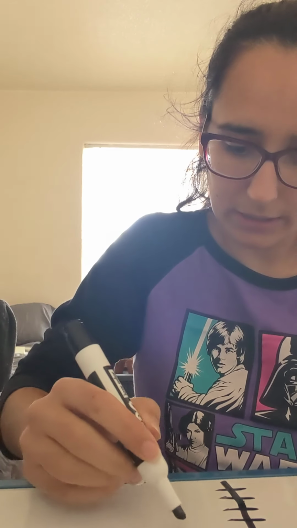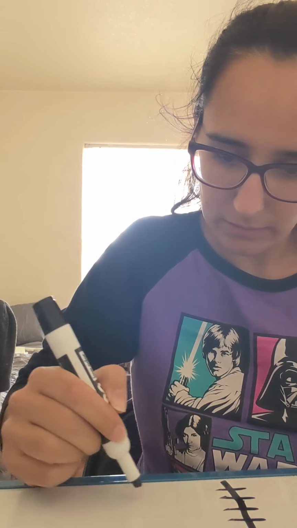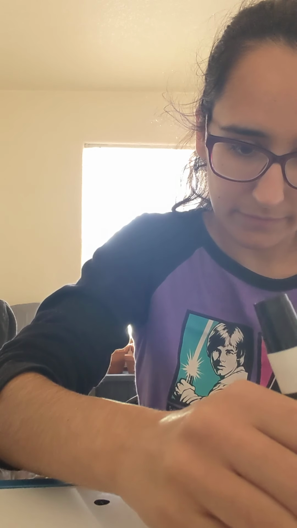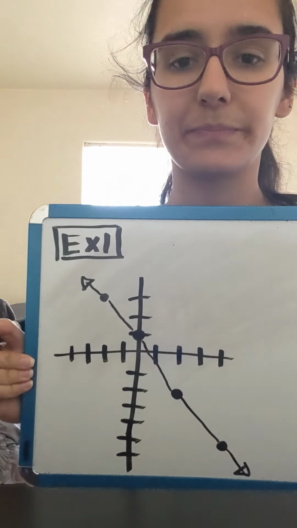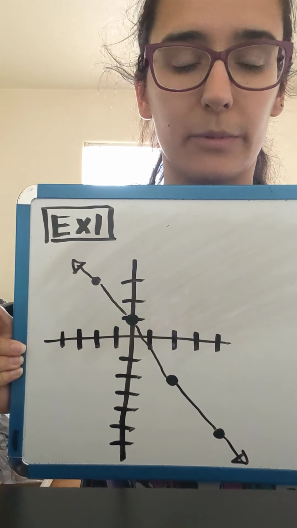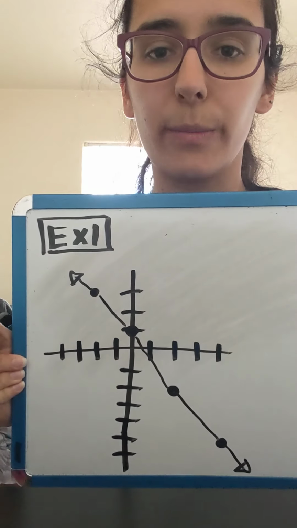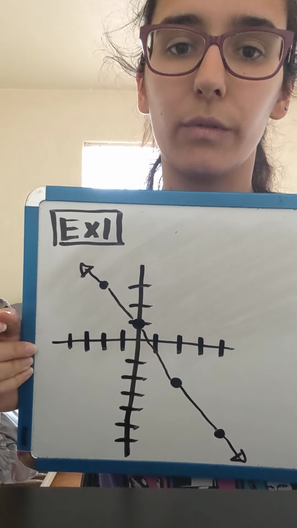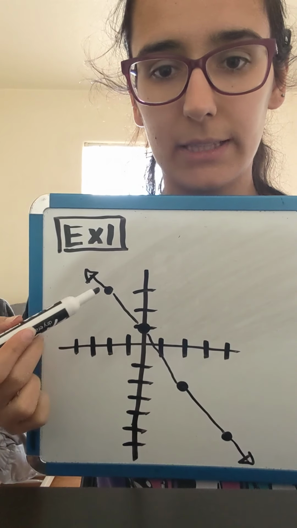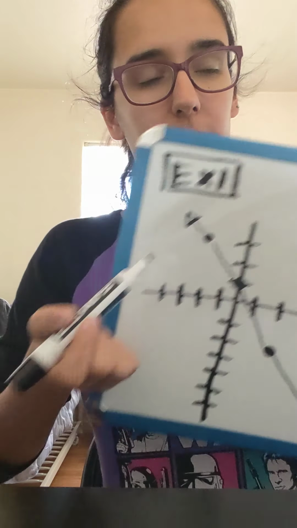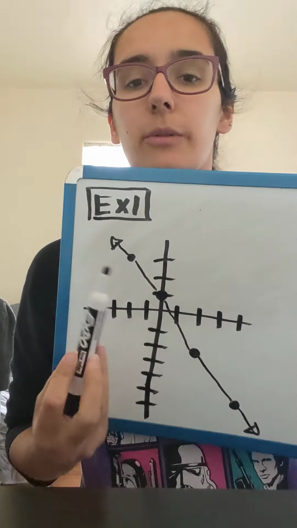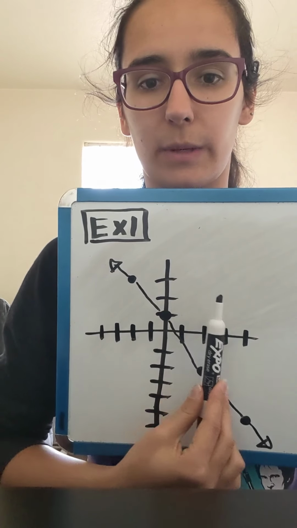There's a point, and there's a point. So I'm just lightly connecting these points. And if it's a line, that means it has arrows on the end. So here's our example. Okay, so let's start here. We always start from the left and then we move to the right.